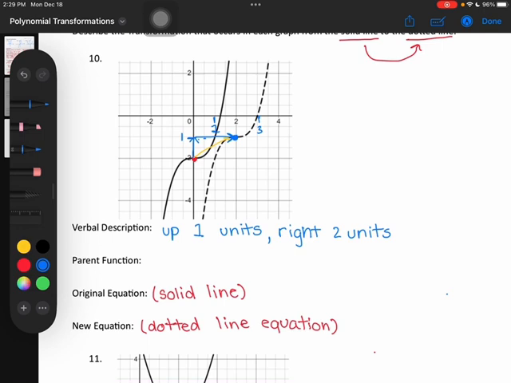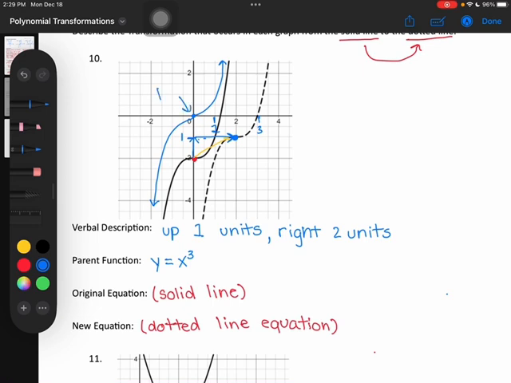So I know that this is an x to the third. So both of my equations are going to have x to the 3 in them. And first, I'm going to write the equation of the solid line. So if I know the basic is y equals x to the third, the normal point of the parent function is up here. Okay, that's our parent function.